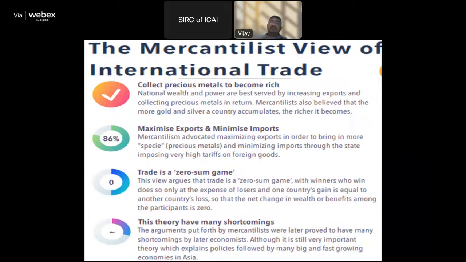The underdeveloped nation will always be in a position to import goods. The underdeveloped nation will be in a position to pay the price for imports, but they will not be in a position to produce goods in their own nation. So this is what happens in international trade, which has been considered a zero-sum game.